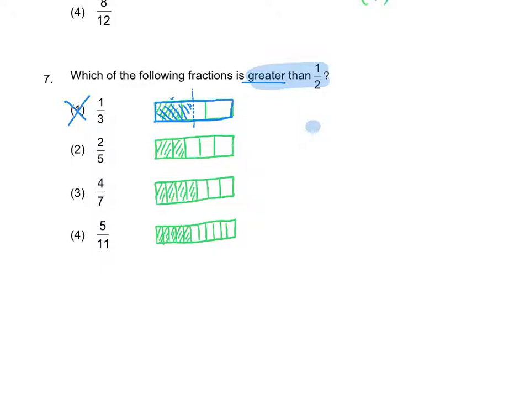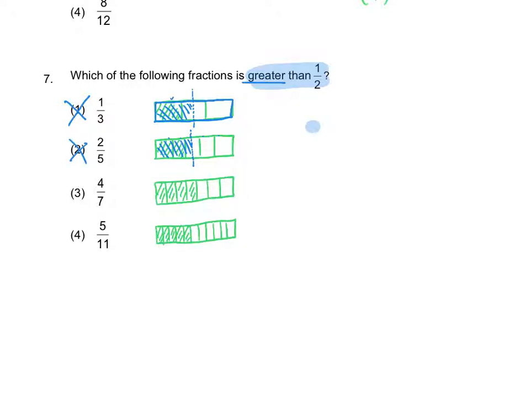Let's go on to number 2. 2/5. So you have 1, 2, 3, 4, 5 boxes. You cut it into 2, you should have 2.5. So same thing, I'm going to shade half one side of the cut. The green is still smaller than the blue part, so wrong, not correct.